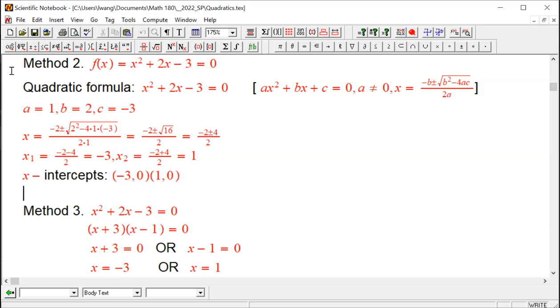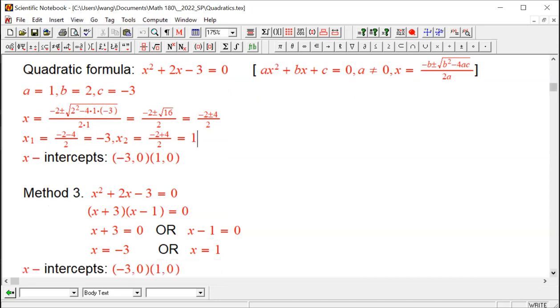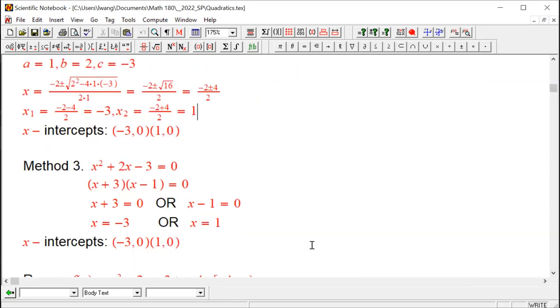Method 2 is a method you can always use, and it also tells you a lot more information, because along the way, since b squared minus 4ac is positive, here we have a 16, and we know that we should anticipate 2 x-intercepts. Method 3, sometimes it's just quick and easy. If the factoring turns out to be very easy to do, go factoring. I think it's up to personal preference.